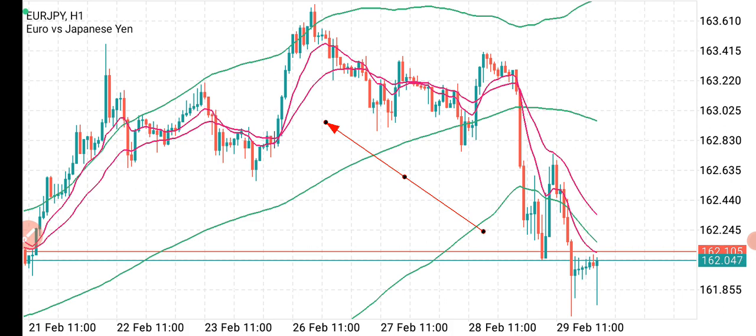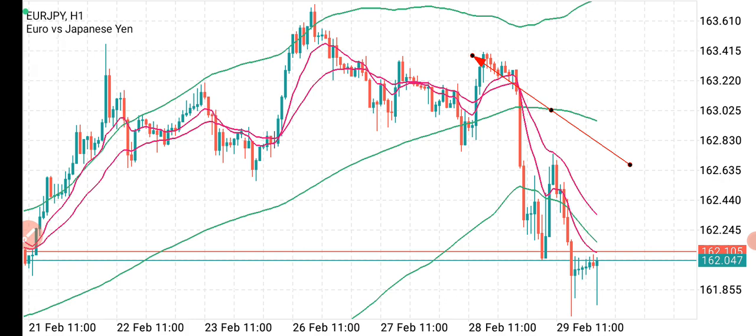So here we are. We have our two moving averages already. You can change the color to any color of your choice. So we have the moving average 10 and the moving average 25. Both are exponential.